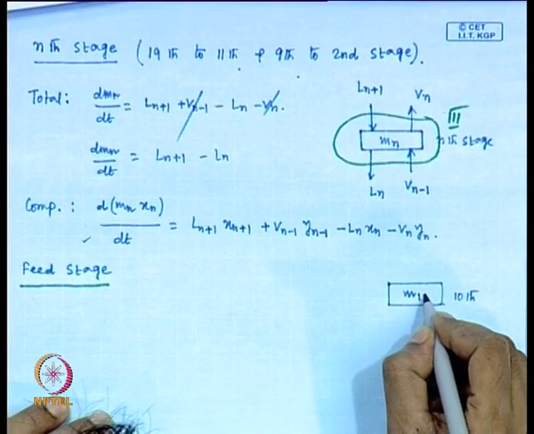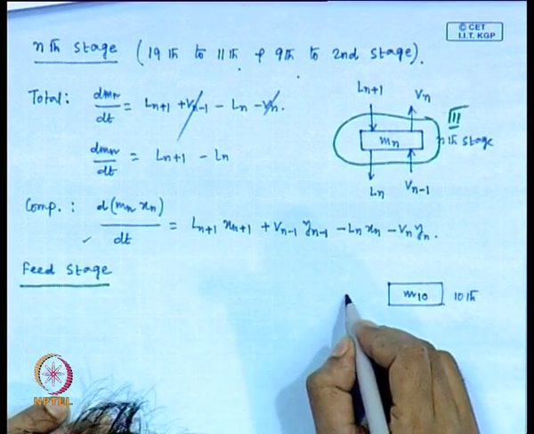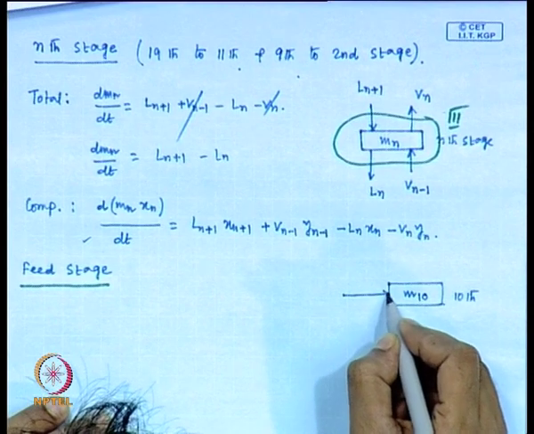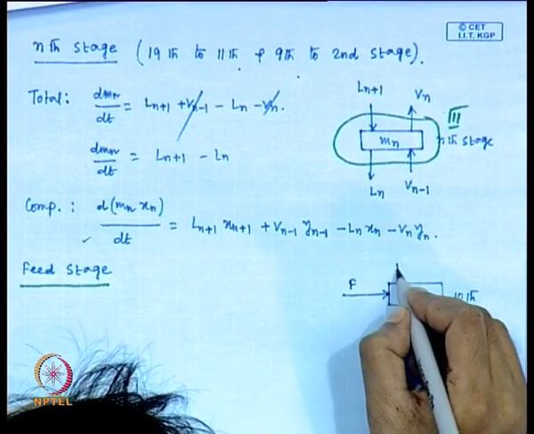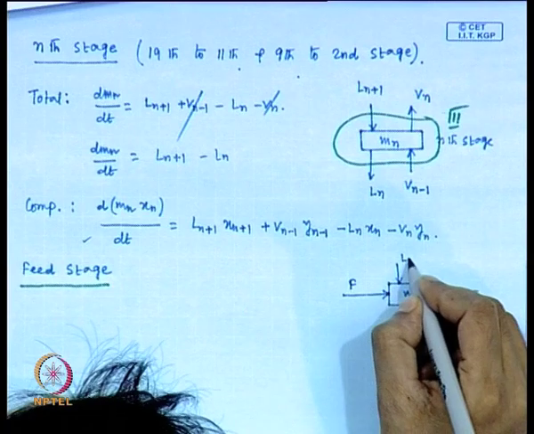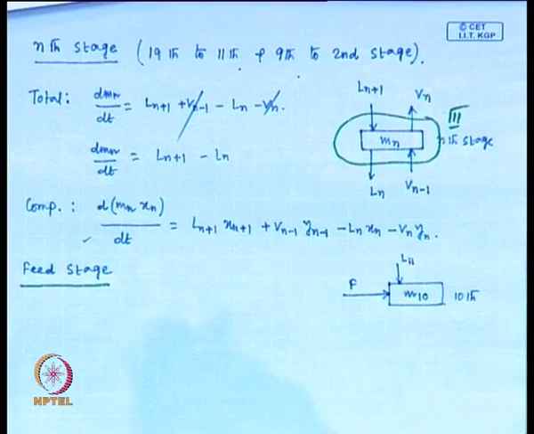Fine. So, the hold up will be M10. One input stream is the feed stream, another one is L11, the liquid which is coming from just above the feed tray.